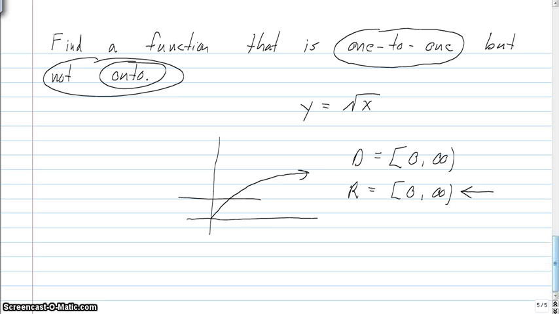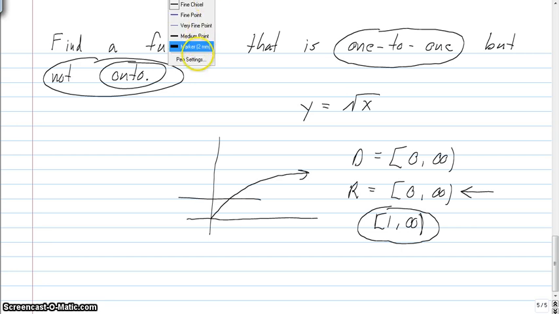And maybe I should have been a little bit more careful about what I said. We don't want to pick the codomain to be something like this, right? Because now there is a mismatch between the range and the codomain. However, if we pick this for our codomain, the function is still going to be onto. I'm sorry, I'm drawing on the x-axis.